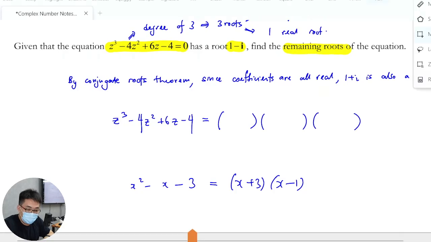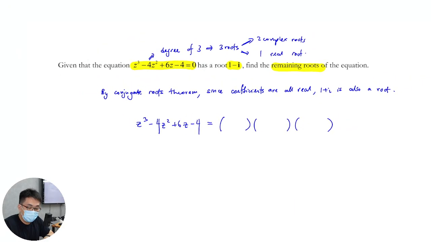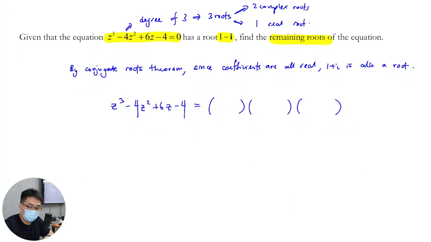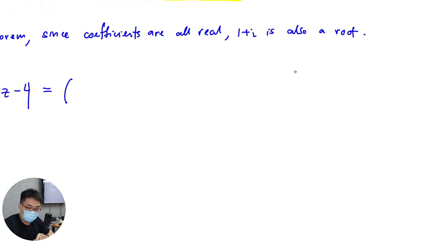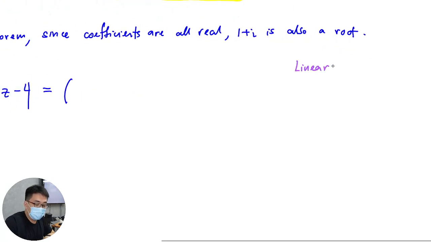Okay, so this one just erase away. So how do you write it down? Linear is az plus b. Quadratic is az squared plus bz plus c.